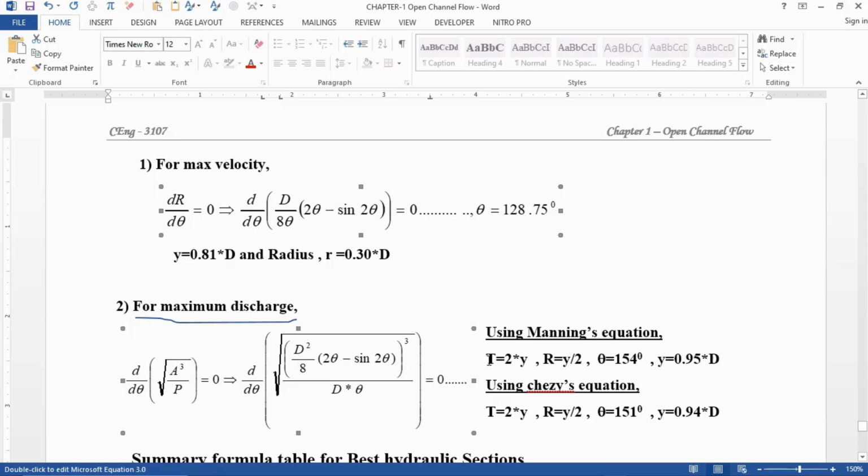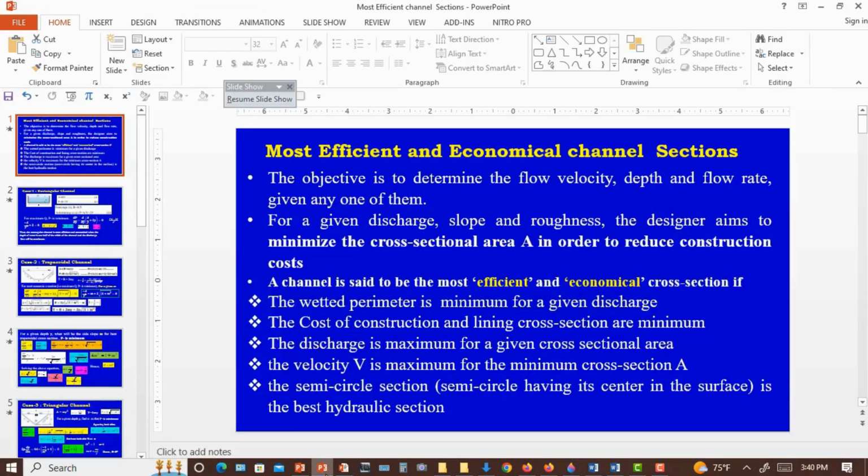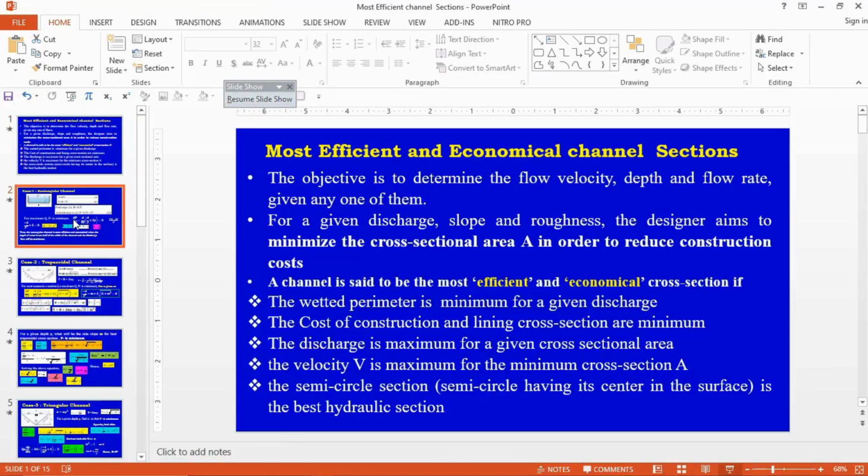So you will find T equal to this, the top dimension will be 2 times y, R will be y over 2, and theta will be 154. For maximum discharge, theta should be 154 and y will be 0.95d. Using Chezy's equation, you can find this equation. I think we can compute such equations.